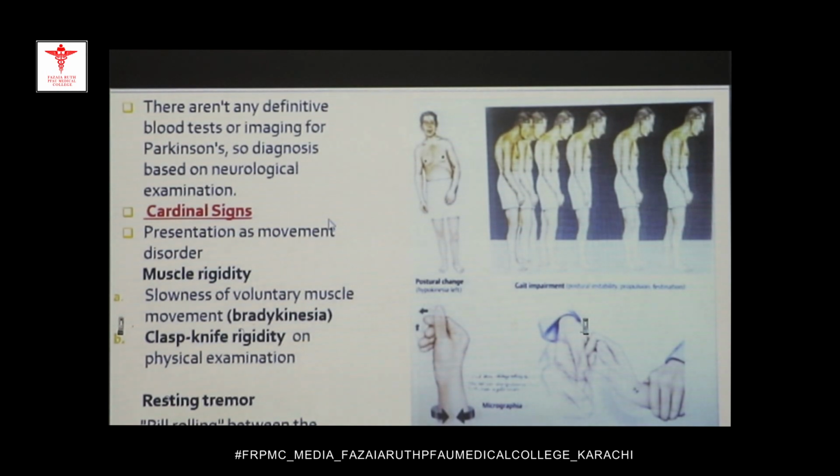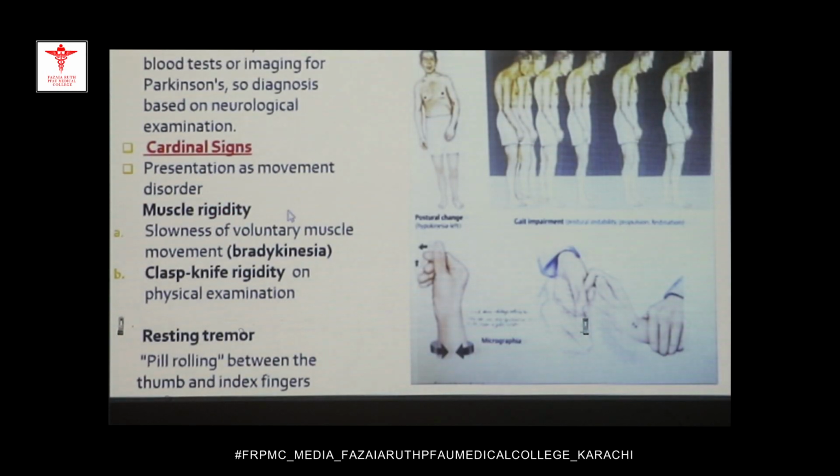The cardinal signs are movement disorder, postural instability, stooped posture, rigidity throughout the body, difficulty in initiating movement, and then slowness of movement. A very important sign is clasp knife rigidity. If you close the fingers and try to open them, there will be a jerky resistance, like when you open a clasp knife, it opens with a jerk.